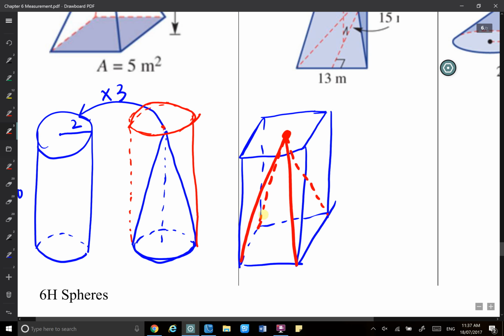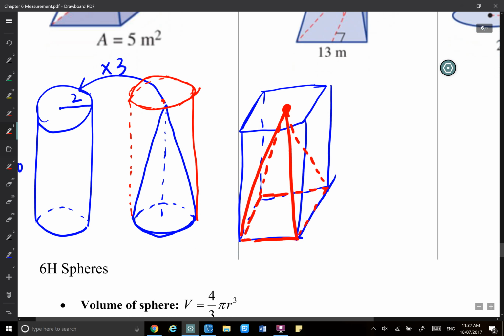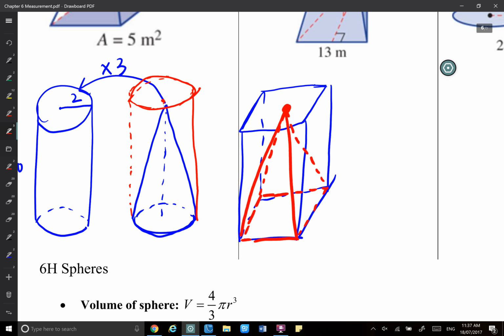Can you see a square pyramid here? Can you see the red one is a square pyramid? That square pyramid will be a third of the volume of the rectangular prism. So I will calculate the volume of the rectangular prism and multiply it by a third, and I will get the volume of the pyramid.